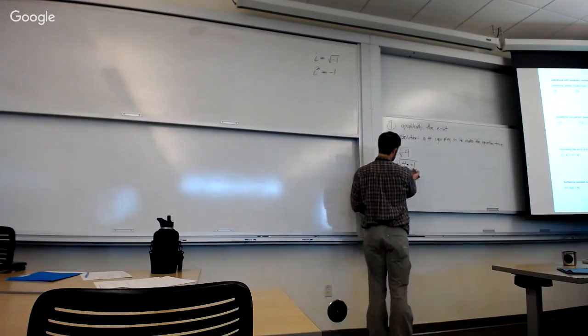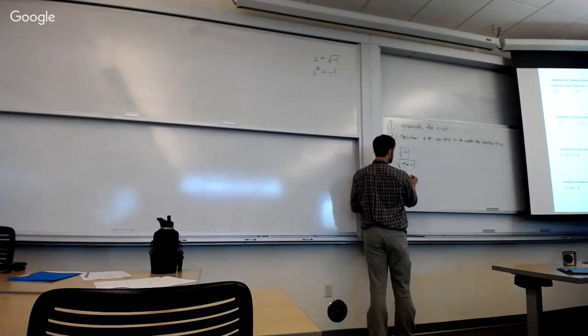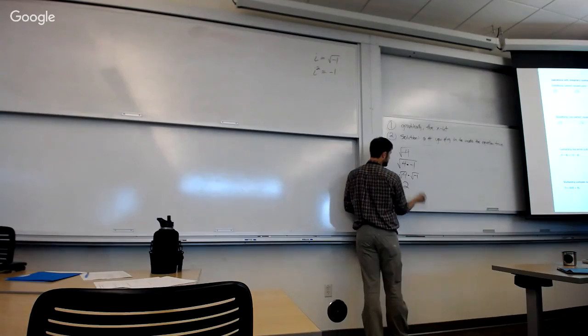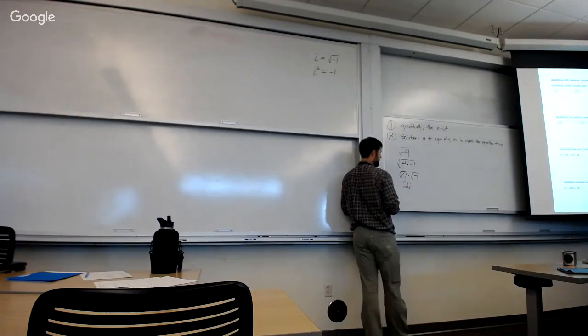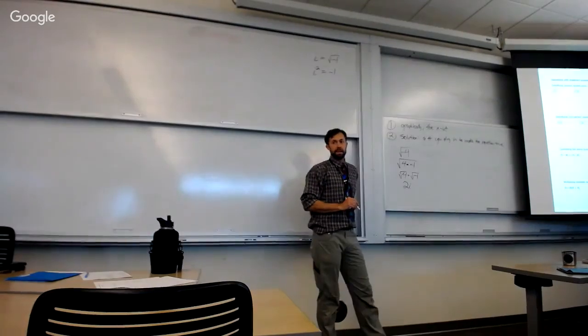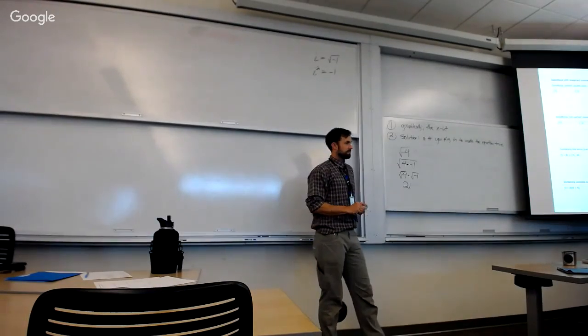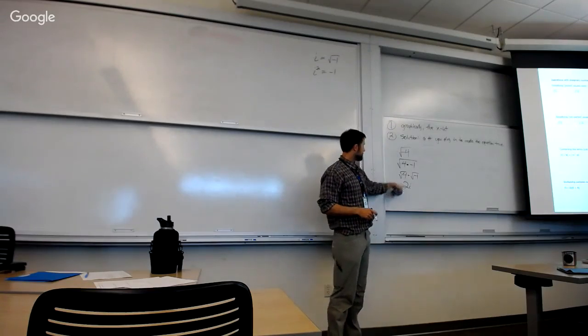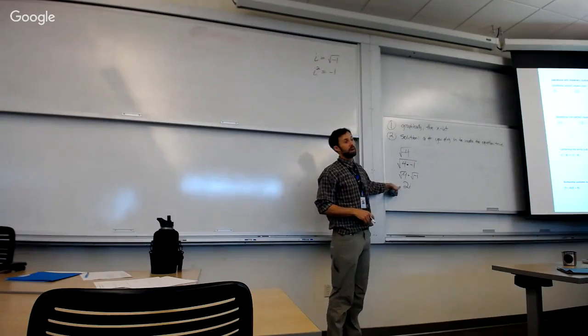So now we can break apart this root and call it root 4 times root -1. And the square root of 4 is simply 2, and the square root of -1 is simply I. So the square root of -4 is 2i. And that's what some of your calculators will tell you. But most of your calculators will just say error. But now we all know that the square root of -4 is actually 2i.